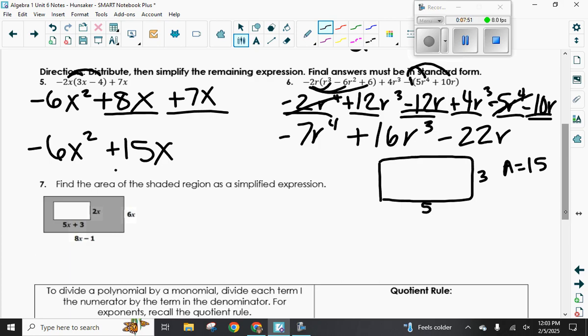So let's say I have a small rectangle on the inside. And let's say that this area is 3. Okay, so I'm just going to tell you that that area is 3. Meaning like one of the sides could be 1, the other one could be 3.